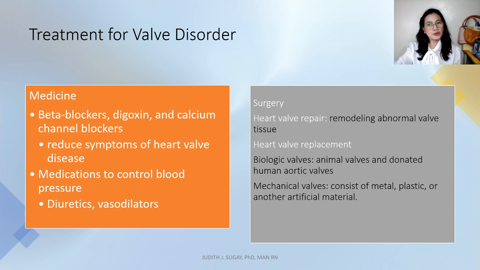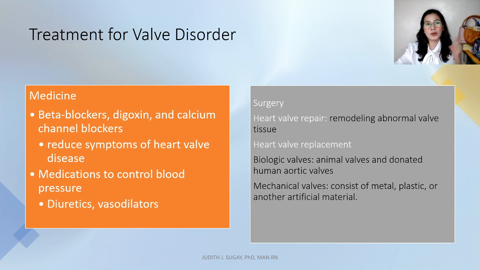We also have medications that control the blood pressure. We have diuretics as well to remove excess water from the body. Of course, if that happens, you expect that the patient will have increased urine output. We also have vasodilators. This will help the blood vessels relax.